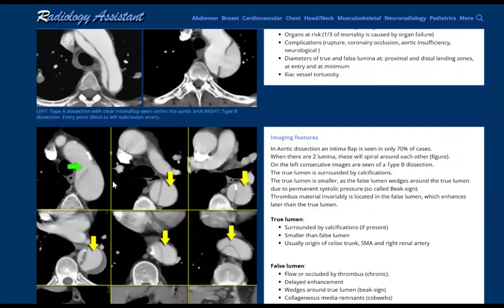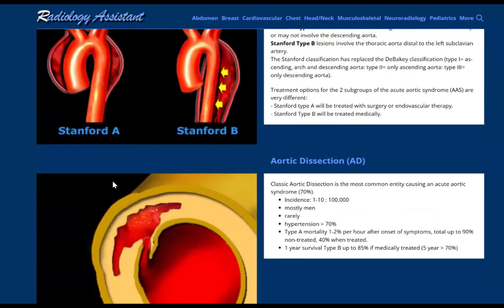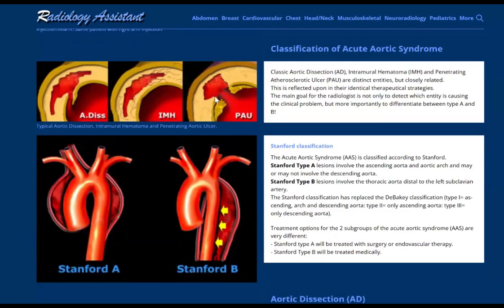So the dissection does not start all of a sudden. It may be a deep penetrating ulcer, it may be a hematoma, and after that, due to hypertension, a new exit is created. Somebody will ask me, Doctor, in intramural hematoma the blood is already clotted.